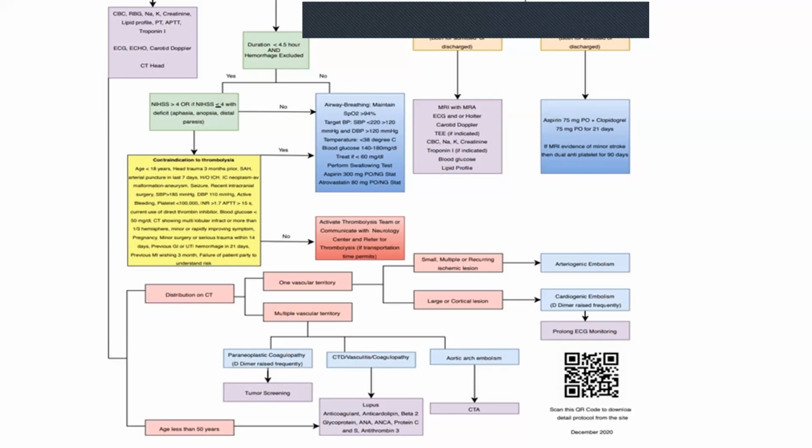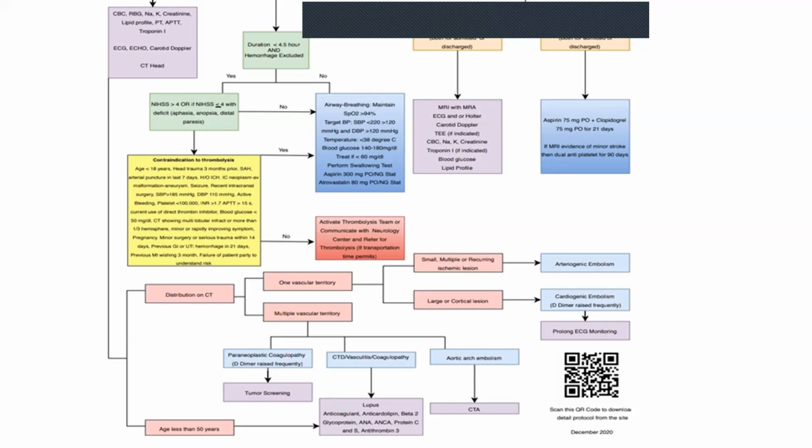we should see whether the patient's age is less than 18 years or more, whether he or she has had head trauma in the last 3 months, arterial puncture in the last 7 days, history of intracranial neoplasm or intracranial hemorrhage, malformation, aneurysm, seizure, recent intracranial surgery, or whether systolic blood pressure is more than 185 mmHg or diastolic blood pressure more than 110 mmHg, if there is active bleeding, or platelet count less than 1 lakh, or INR more than 1.7, or APTT more than 15 seconds.